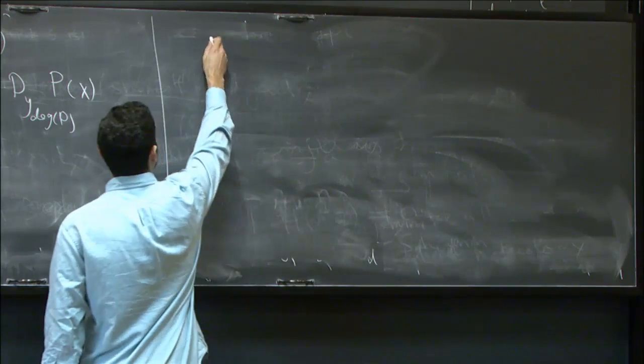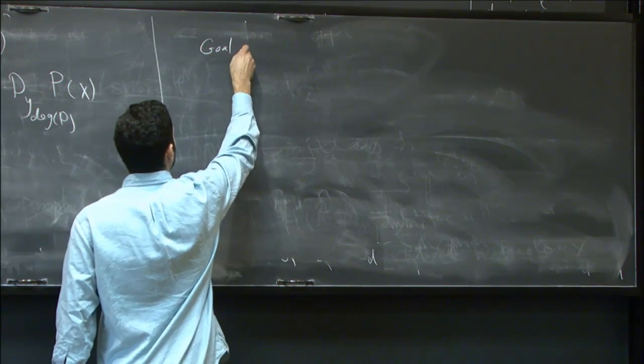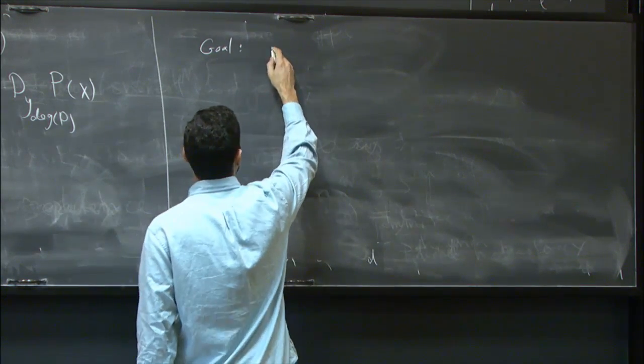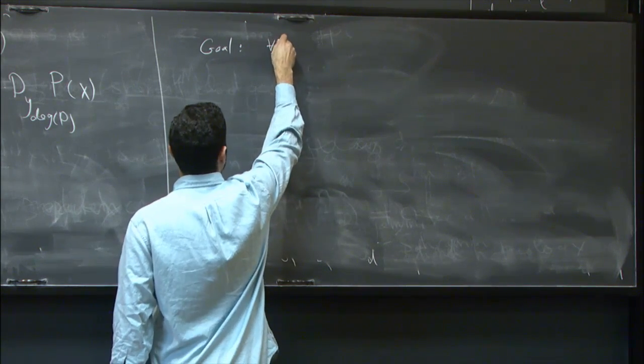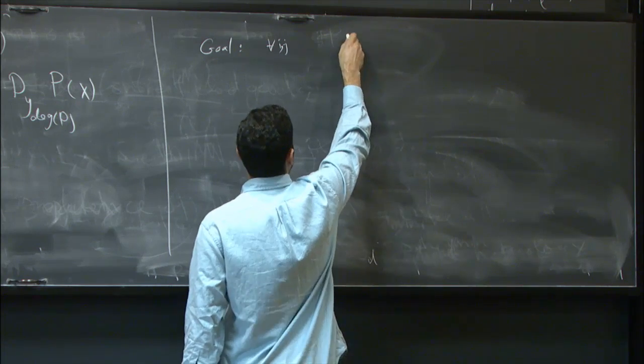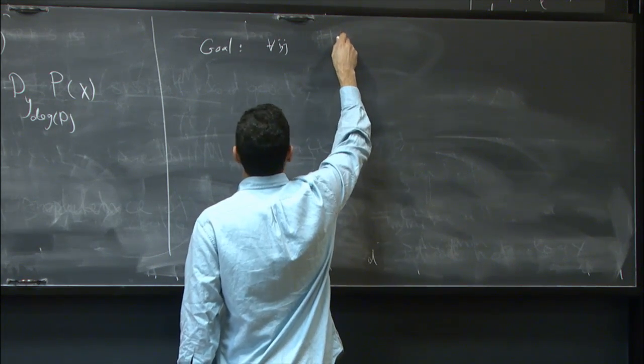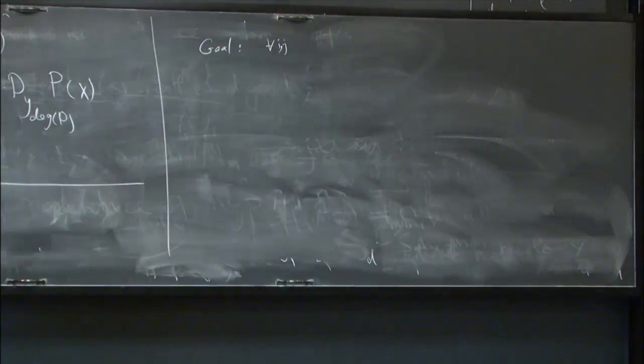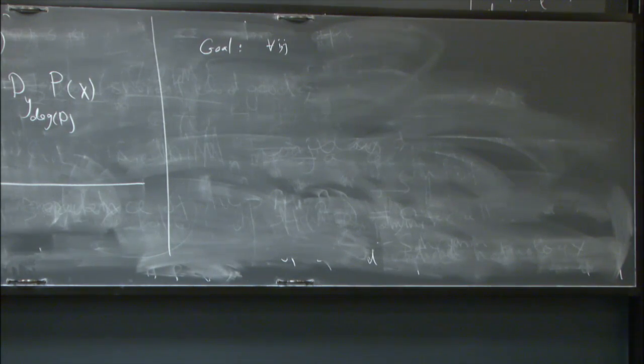But what do I mean by a nice form? Our goal is the following, for all i, j. Another thing is that for a linear form L with coefficients lambda, we define its absolute value to be just the sum of the lambda i's.